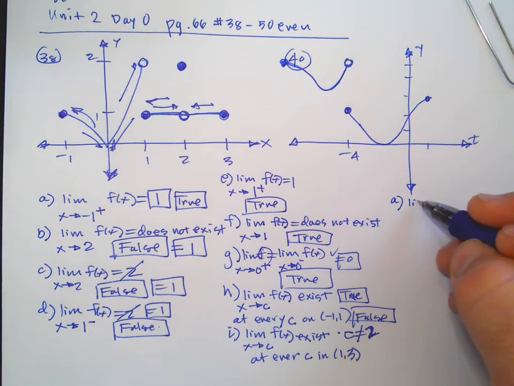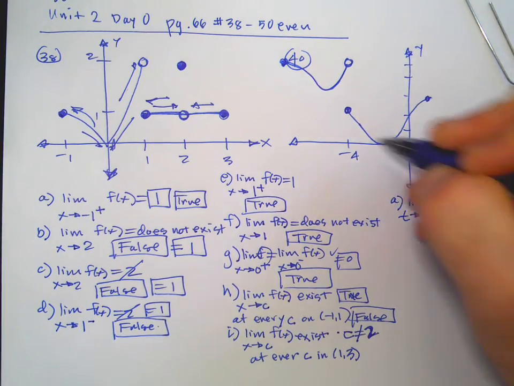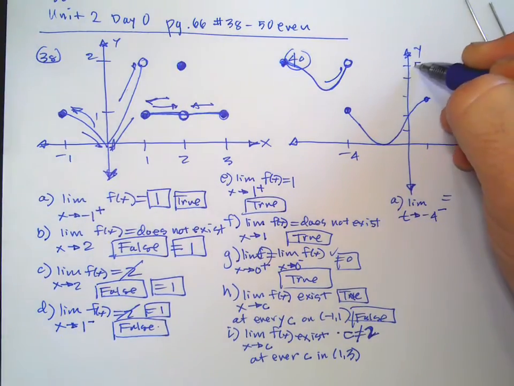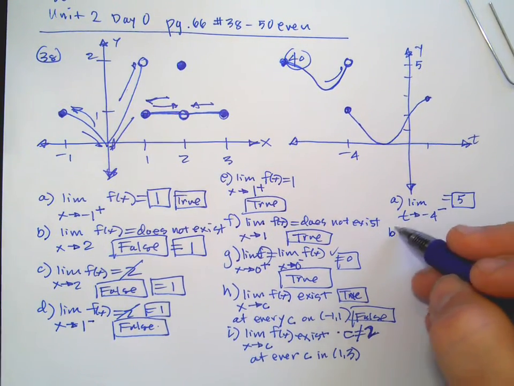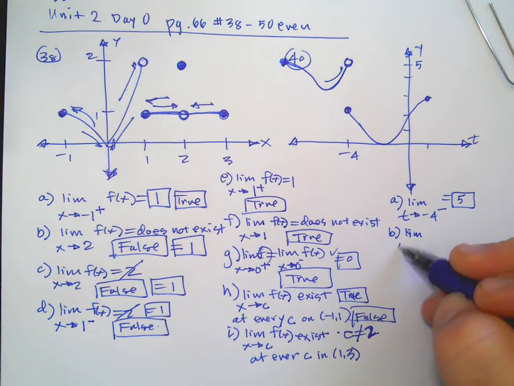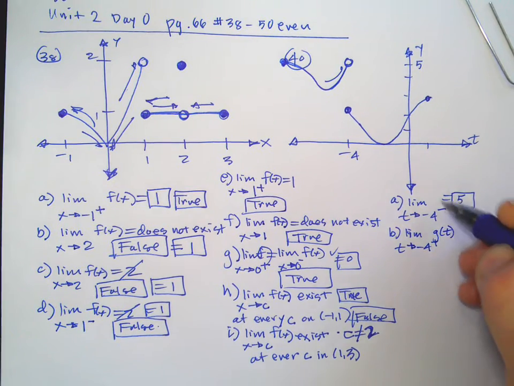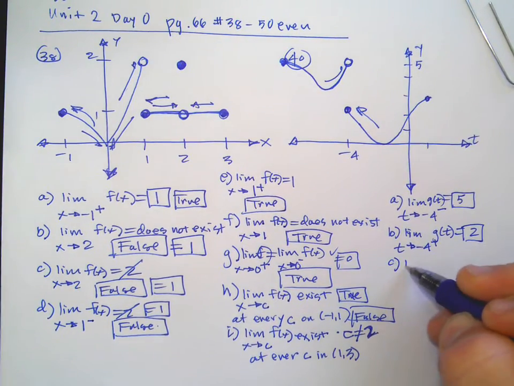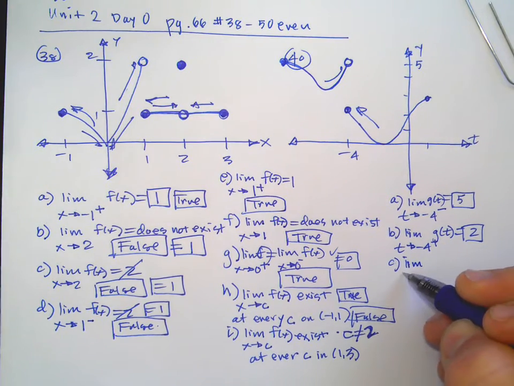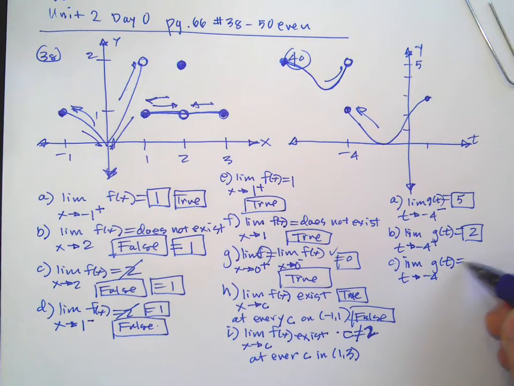So at A, it says limit as t goes to -4 from the negative side. From the negative side, that's 5, right? B, the limit as t approaches -4 from the right-hand side, superscript plus, of g of t equals 2. And then the limit as t approaches -4 in general, that's a two-sided limit, we're going to say does not exist.